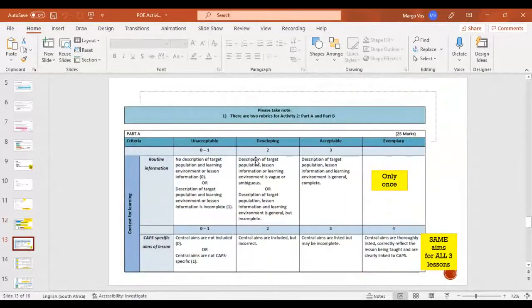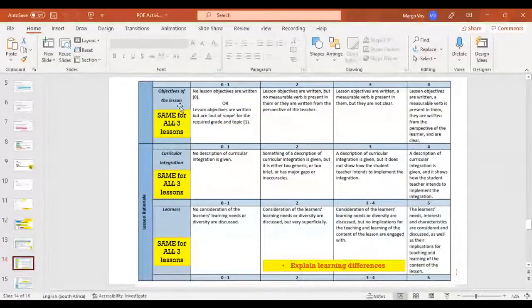Right, if you look at the rubric, you will see that your section A is only once. Your CAPS-specific aims is also the same aims for all 3 lessons, so it's also only once. Your objectives for the lesson will also be the same for all 3 lessons, so only once.